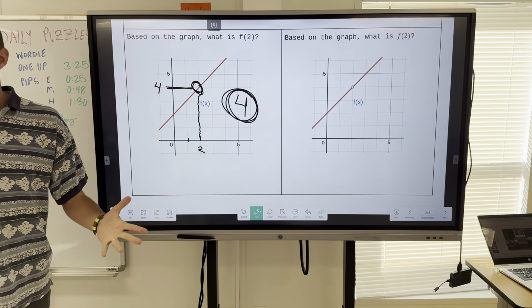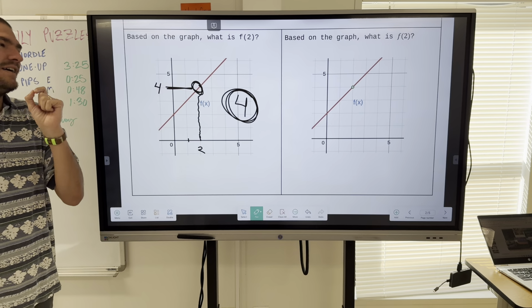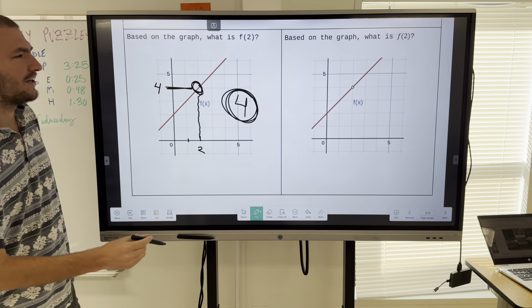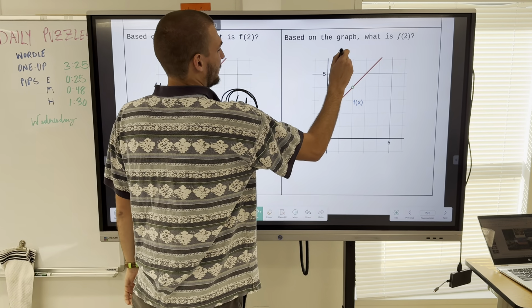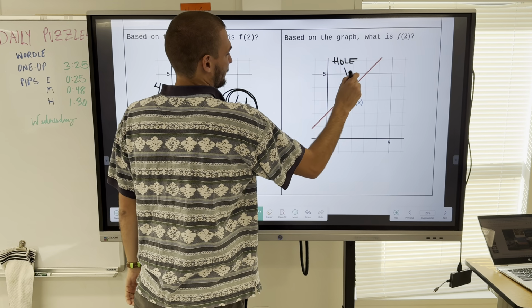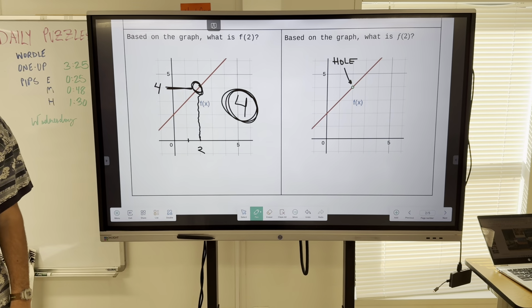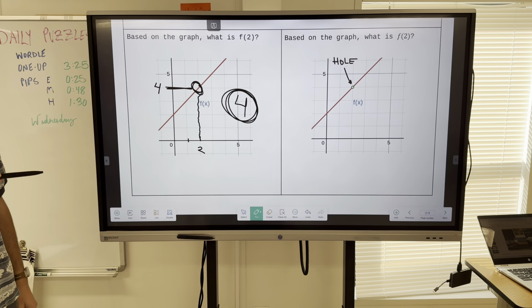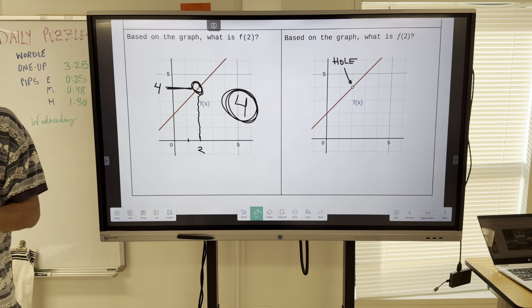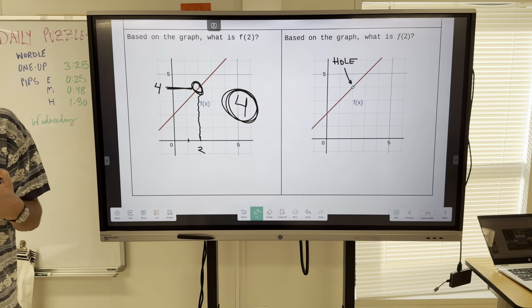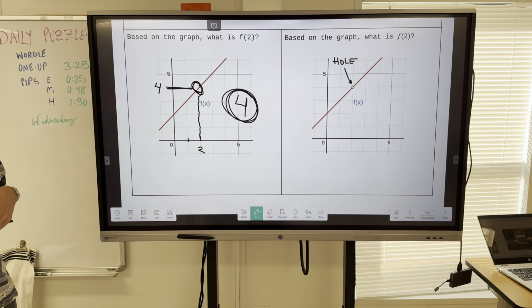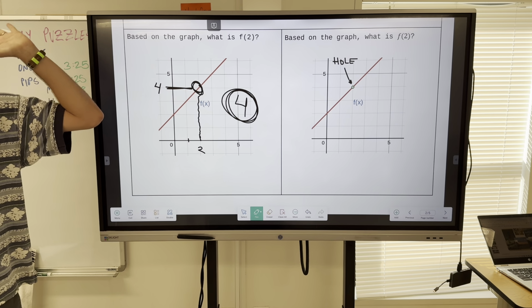Well, it's the same graph, except for there's a little bit of a difference. What's going on here? We have a hole. A hole, denoted with a little empty circle along our line, is missing information. It is a gap in the line, and this is just like the table, okay?